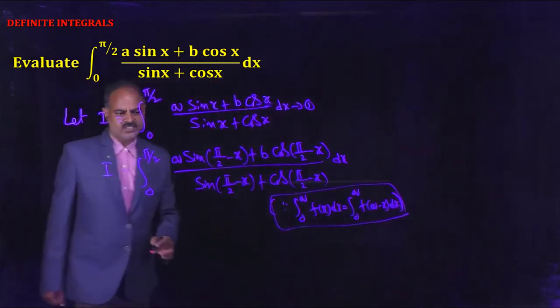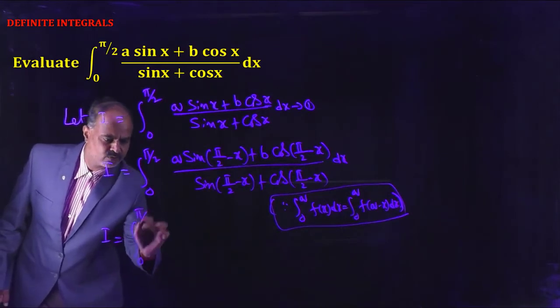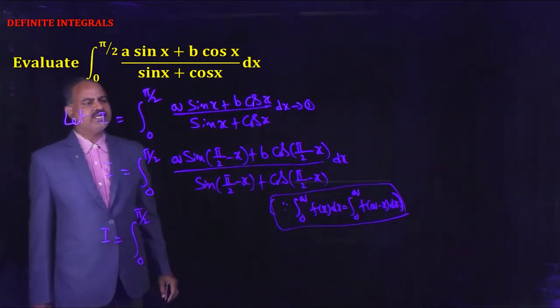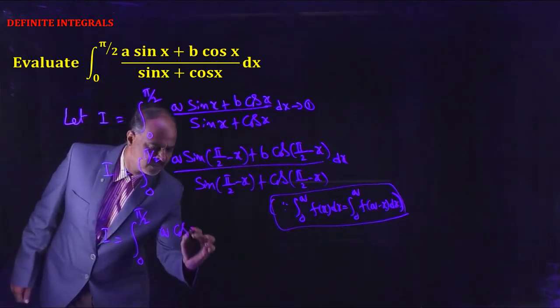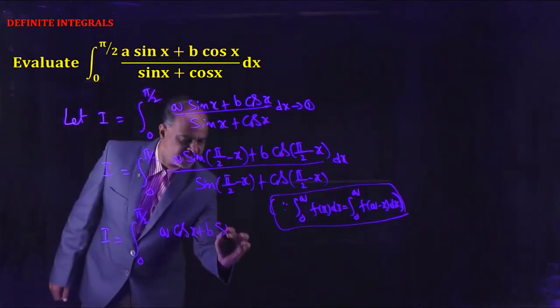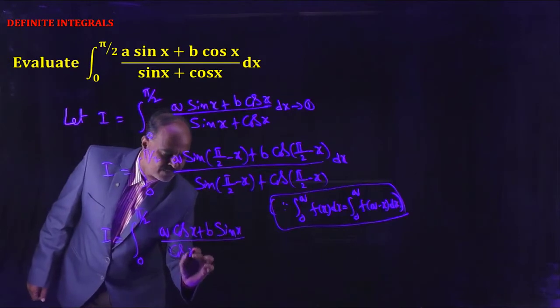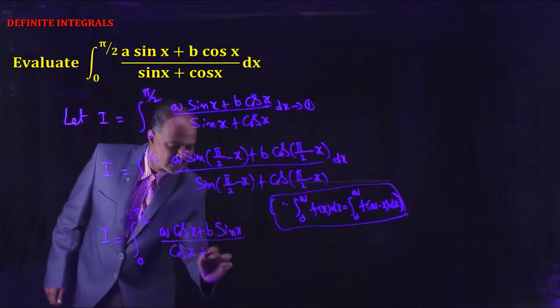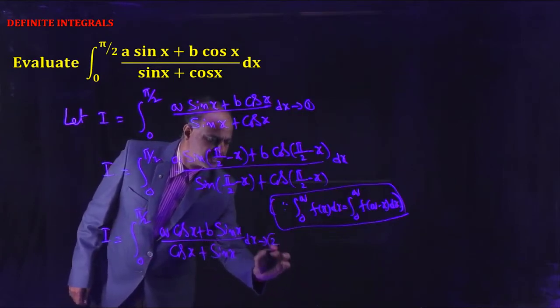Now here I equal to integral 0 to pi by 2 a into cos x plus b into sin x divided by cos x plus sin x dx. This is equation number 2.